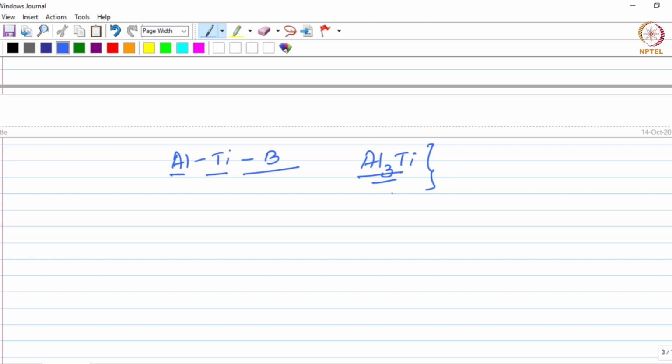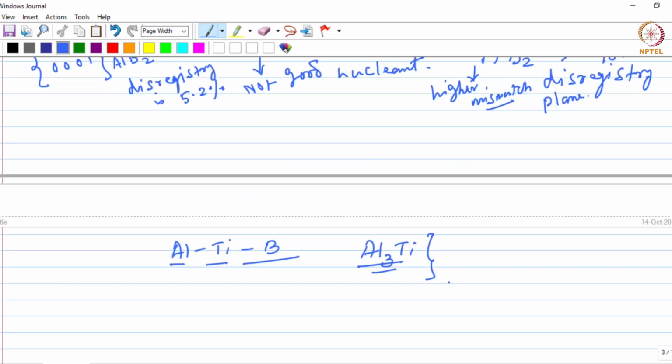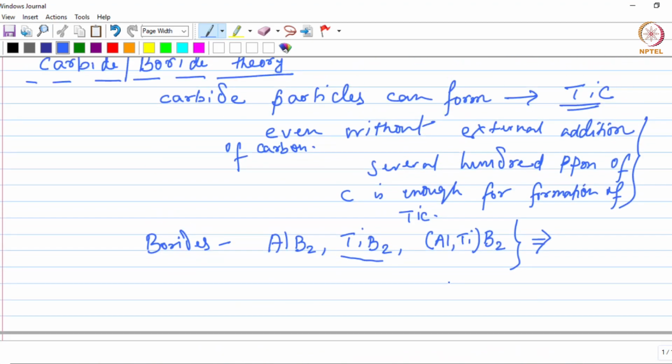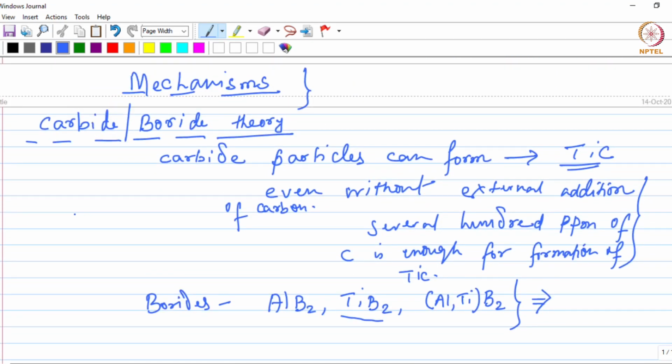And this is because of the fact that this kind of Al3Ti particles can provide planes which have low disregistry with aluminium, and as a result of that, aluminium can easily nucleate on such surfaces. So now coming back to these mechanisms, first one we have seen, that is the carbide-boride theory, which says that carbide or boride particles are present depending on whether you have carbon or boron coming in contact with the titanium, and these particles will act as the heterogeneous surface.